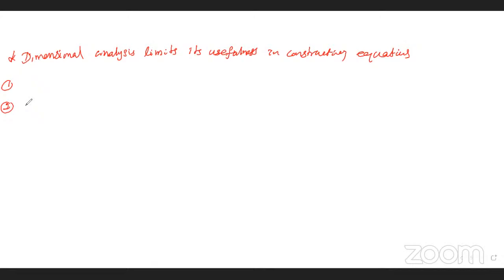We can't say anything about the dimensionless constant, whether it is correct or wrong. So when you check the accuracy of the equation, we need to write that the equation is correct dimensionally. We cannot directly say that it is a correct equation or not. We can say only whether it's dimensionally correct or not, right? So that's also a limitation.